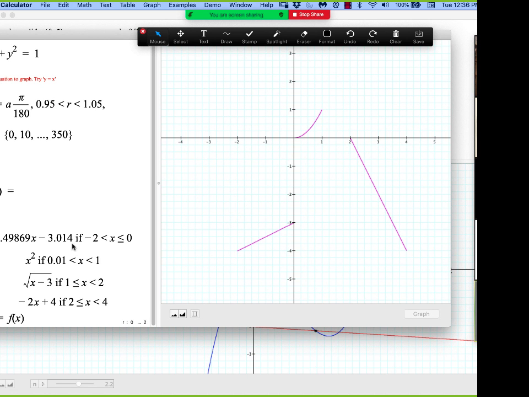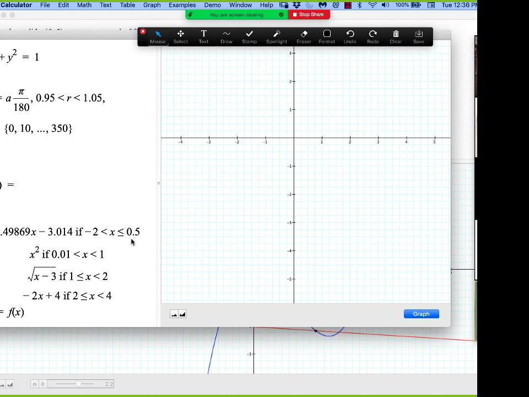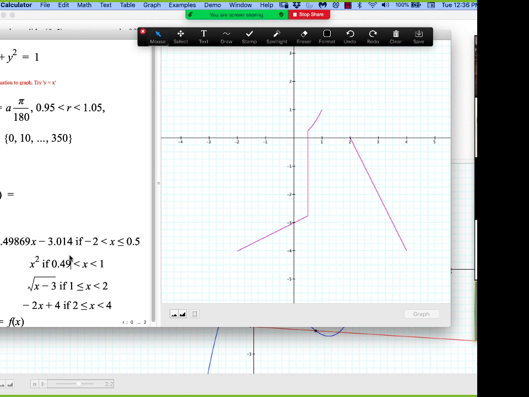There's a slick way, because now in this line we've defined what the function is at 0. Let's go back to 0.5. What did we say? 0.49? And now I'm at 0.5.